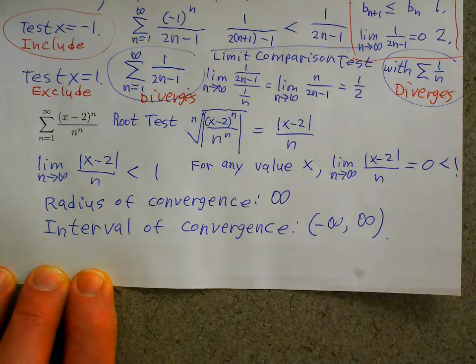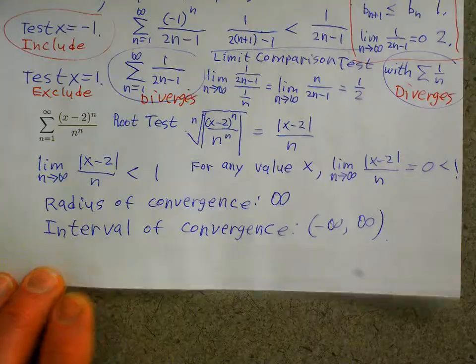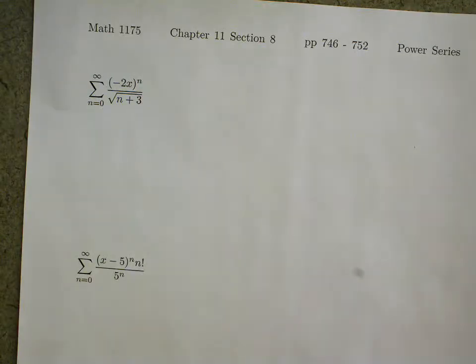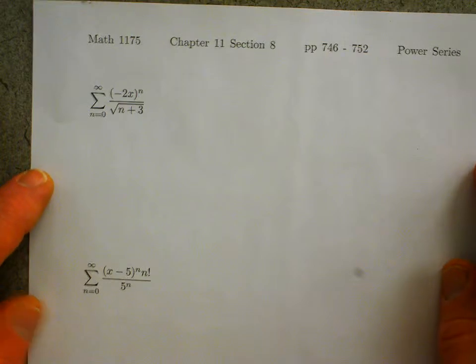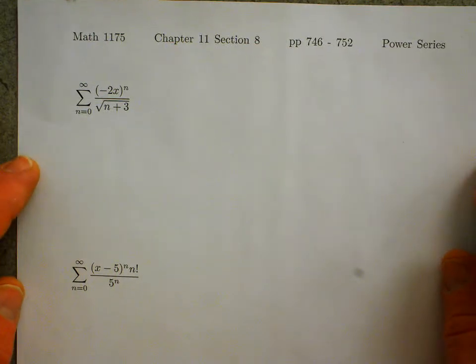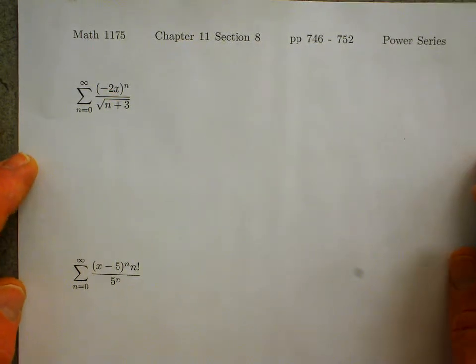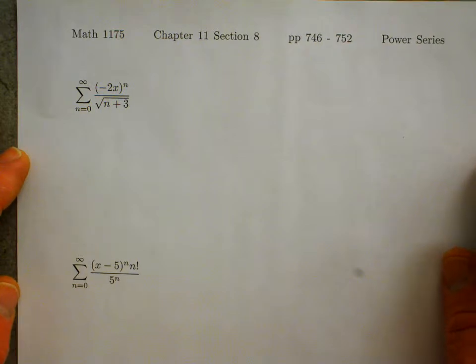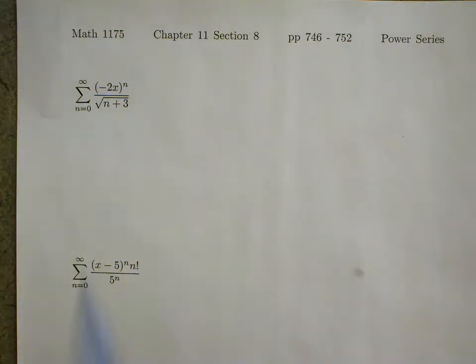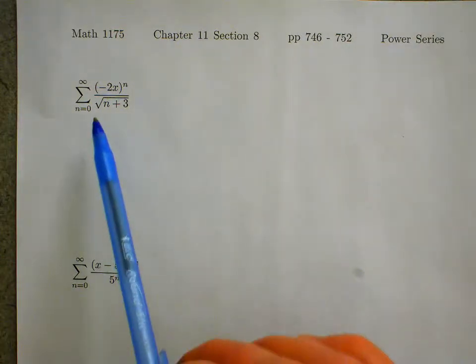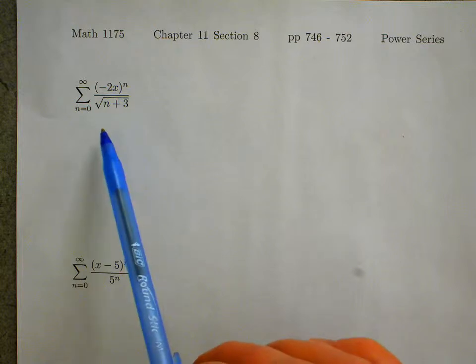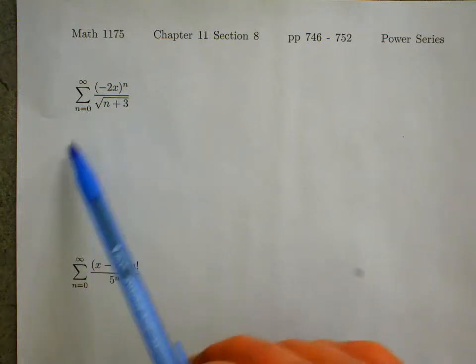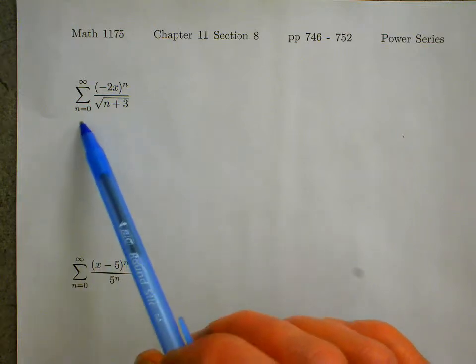Okay, let's move on to the next page. See how far we get on this one. Okay, the infinite series, the terms are negative 2x to the n divided by the square root of n plus 3, and n ranges from 0 to infinity.